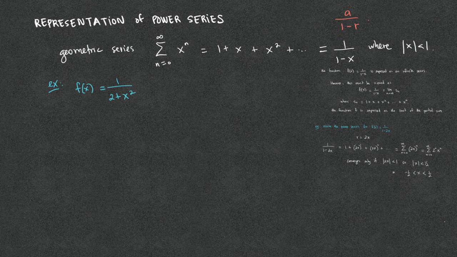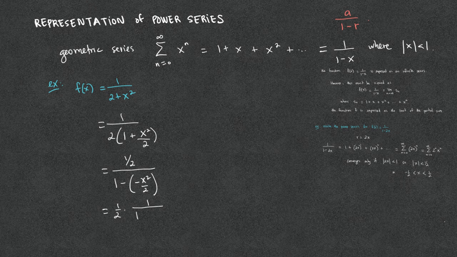The denominator is 1 minus r, so we factor out 2 in the denominator to get 1/2 over 1 plus x squared over 2, but this can be rewritten as 1/2 over 1 minus negative x squared over 2. If we let u be negative x squared over 2, then this is the geometric form.